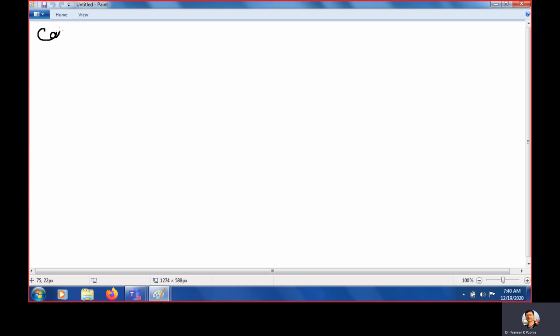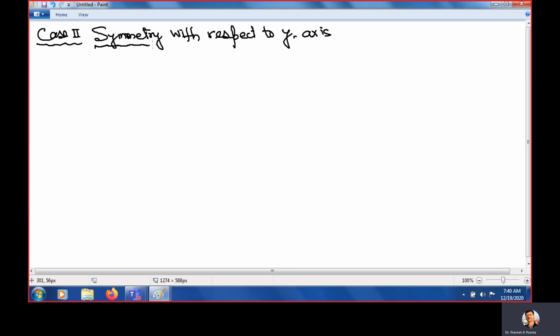Now, case 2. Case 2 is symmetry with respect to the y-axis. So how do we find the symmetry with respect to the y-axis? This is definition number 1.